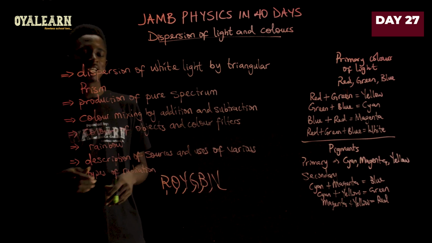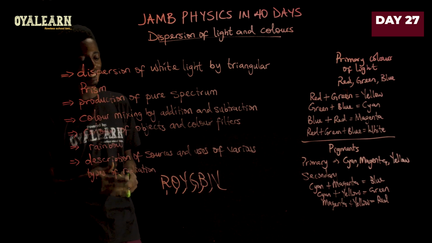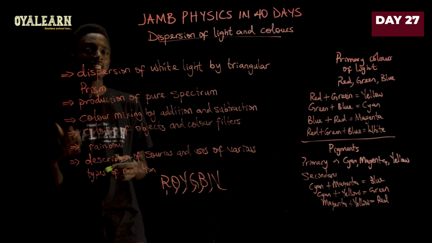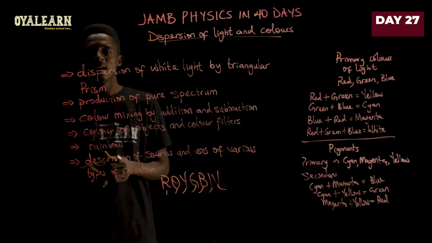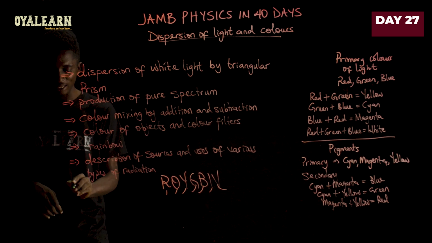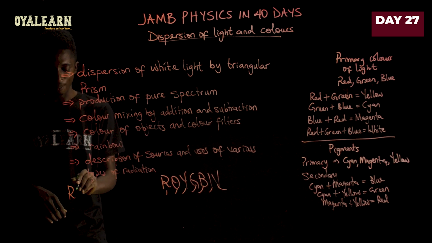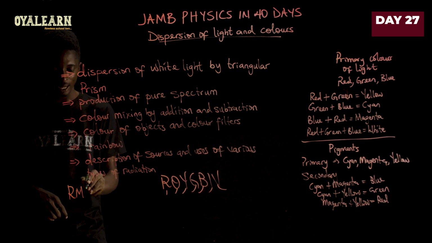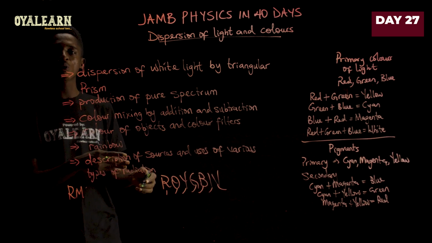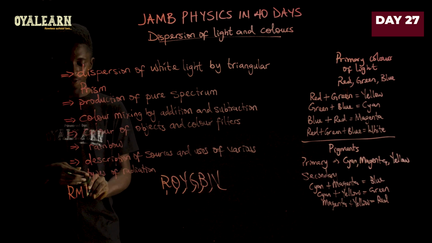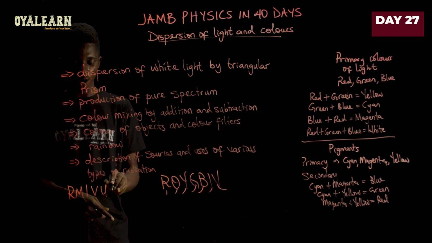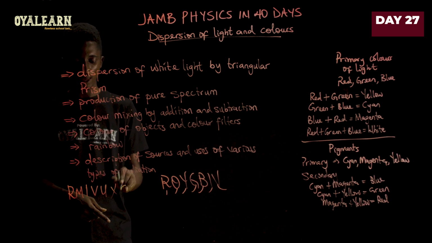And then finally, they expect that you should be able to describe the sources and uses of various types of radiation. I did mention them briefly earlier. When we talk about electromagnetic radiation, we have radio wave, microwave, then we also have the infrared, we have visible, we have ultraviolet, we have x-ray, and then we have gamma rays.